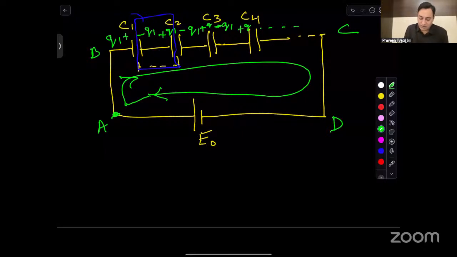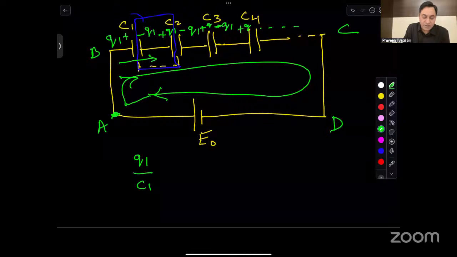Now, let's write down. Say we start from A. We reach the capacitor. The potential difference across the capacitor will be Q1 by C1. And I'm going in this direction, so I'm going from positive plate to negative plate. So decreasing, minus Q1 by C1.